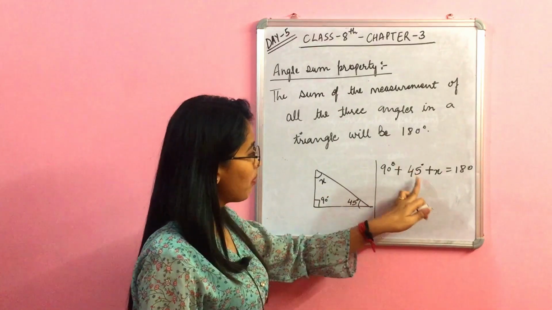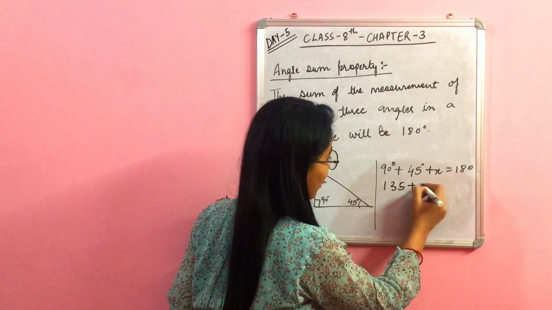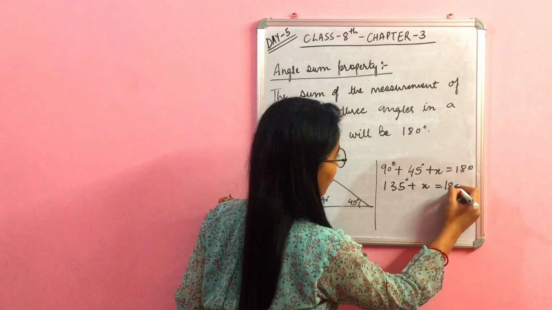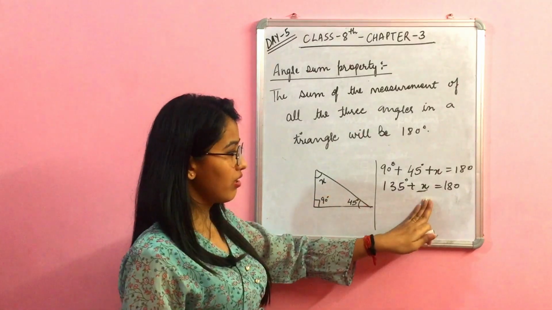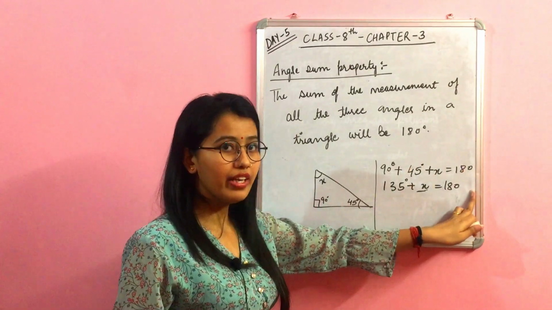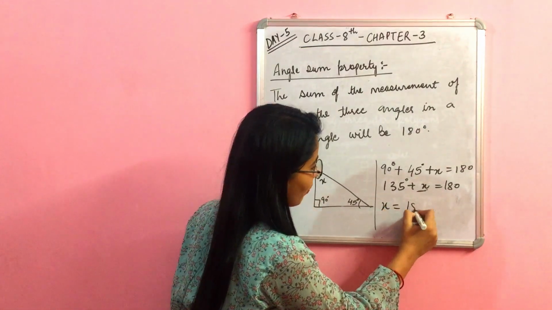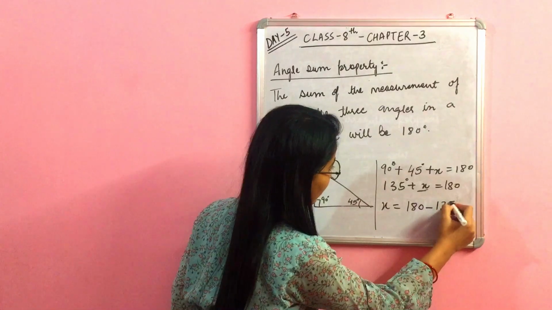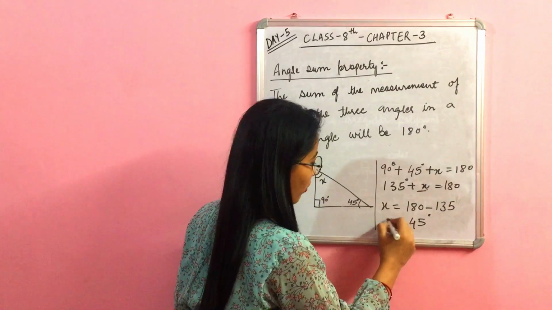Now 90 plus 45 is 135, plus x is equal to 180 degrees. Now I can find the value of x easily. This is a linear equation. We can transpose this 135 to the right hand side and it will be negative. So x is equal to 180 minus 135, which is equal to 45 degrees.